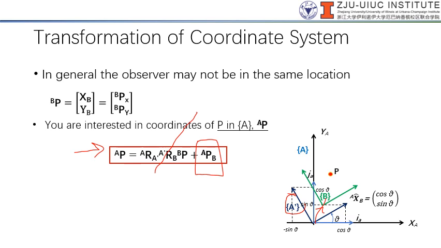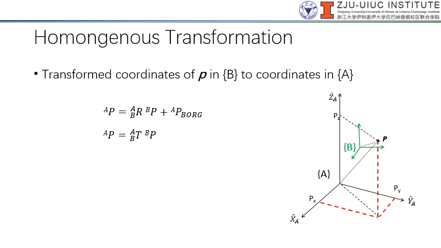Basically A prime RB is nothing but the identity matrix, because A prime and B have the same orientation. That means 1, 0, 0, 1 is the same axis for both. So you can take this away and you are essentially finding your ARB. In our textbook, you will see that they represent it this way.